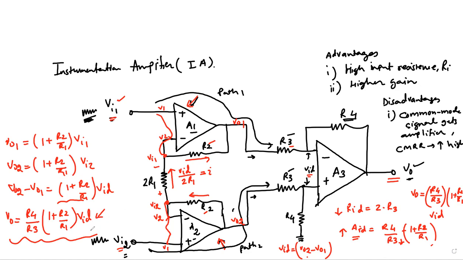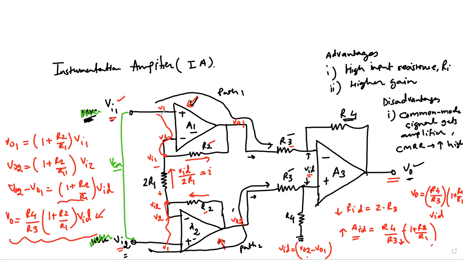But now the question is how does it solve the common mode signal problem that we've seen in the previous module. For instance, let's say we have a common mode signal that comes over here and that comes over here. That's the common mode signal, VCM, applied to both of these inputs of this amplifier.